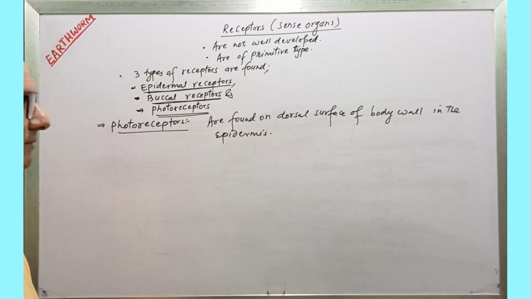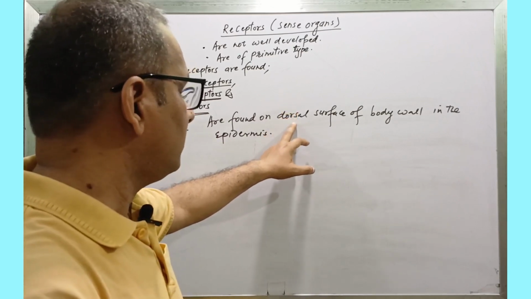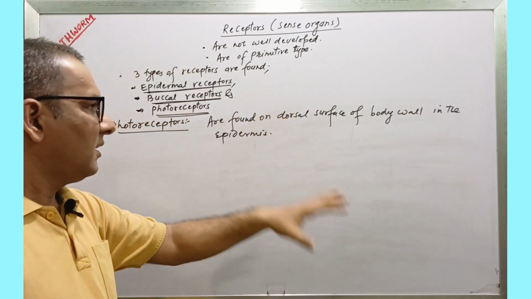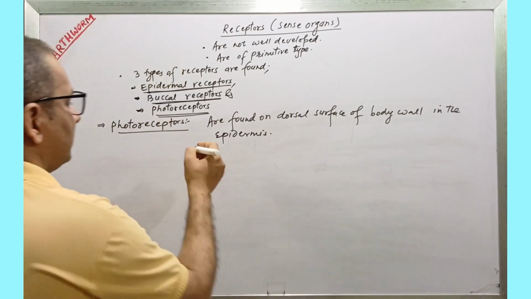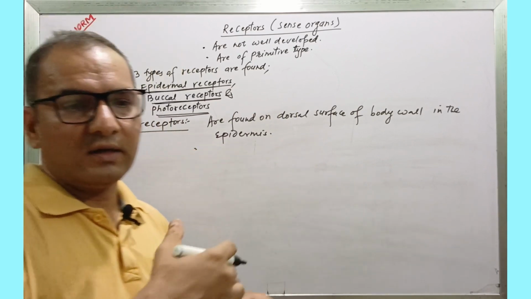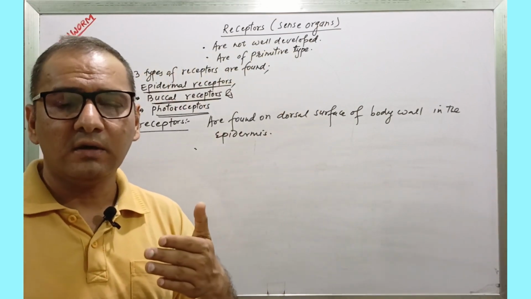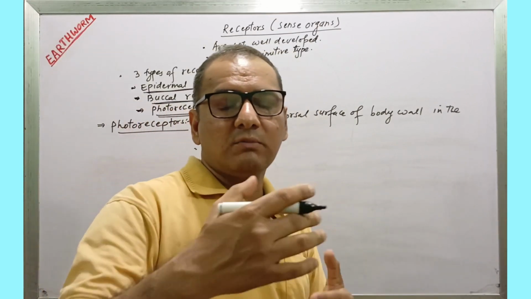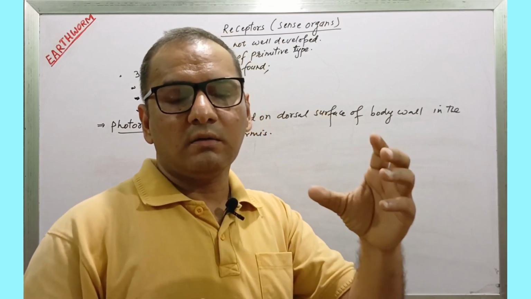They are present only on the dorsal surface. They are not present on the ventral as well as lateral sides, and their number is more towards the anterior region. Their number gradually decreases towards the posterior side, and the maximum number of photoreceptors are found in prostomium and peristomium.